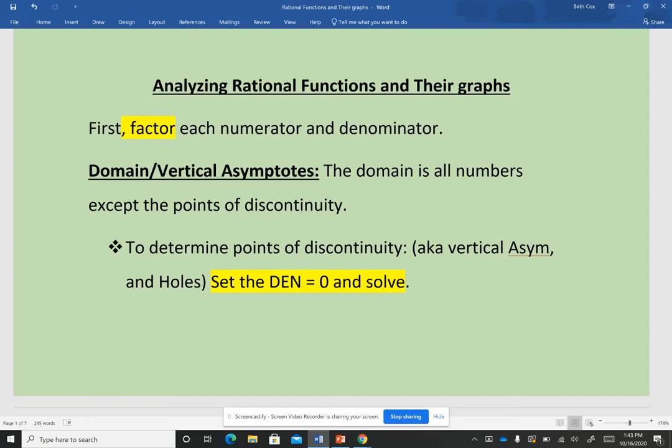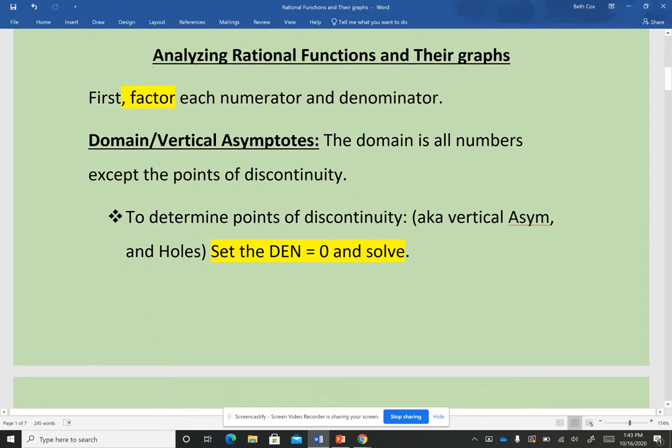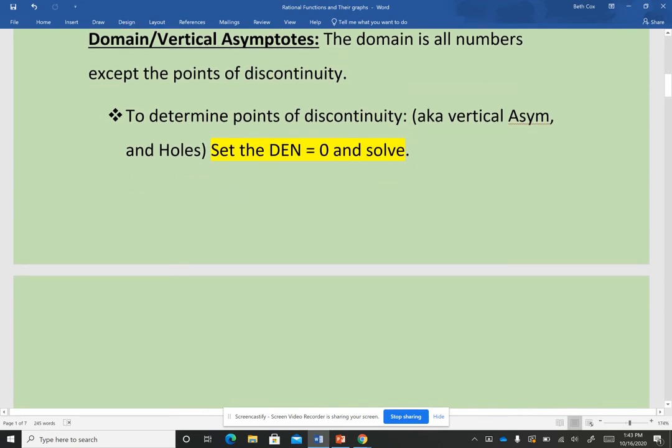Anyway, first we get it in factored form, and then we determine the domain. The domain and the vertical asymptotes are related, but let's just do the domain first. The domain is all the numbers except the points of discontinuity, and to determine these discontinuities, we set the denominator equal to 0 and solve.